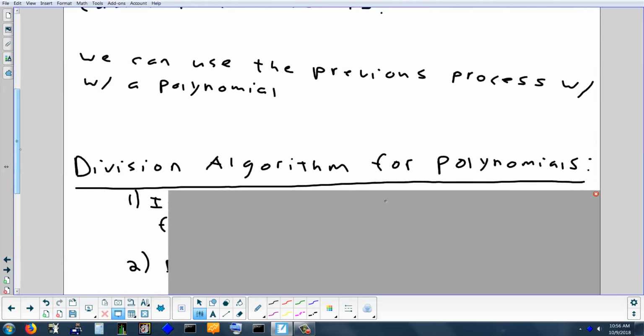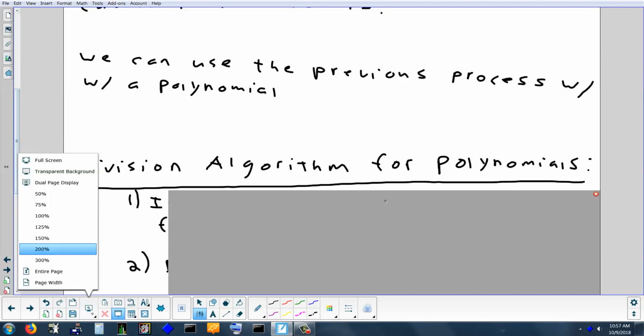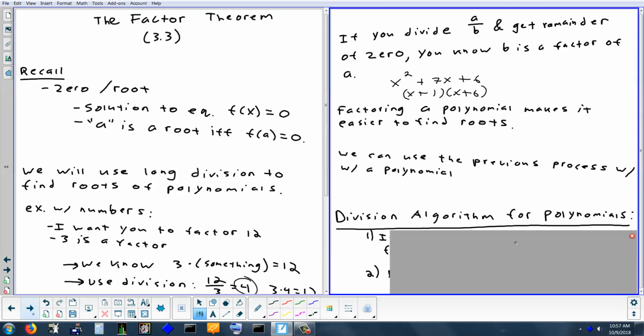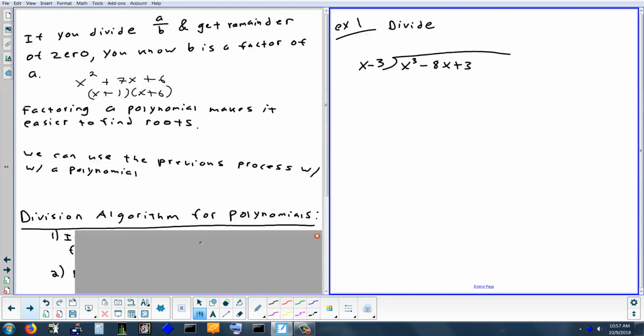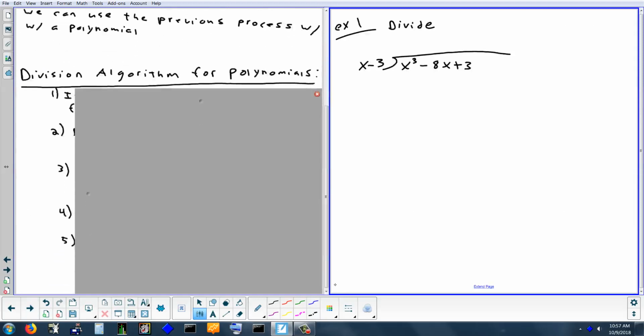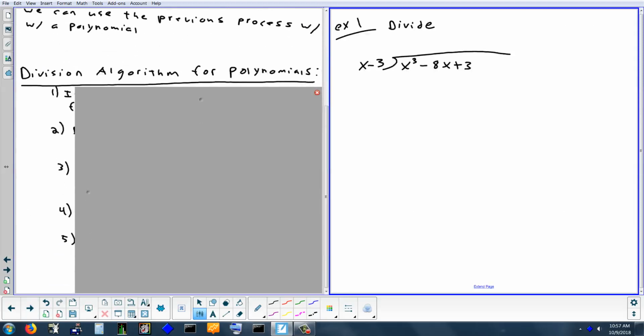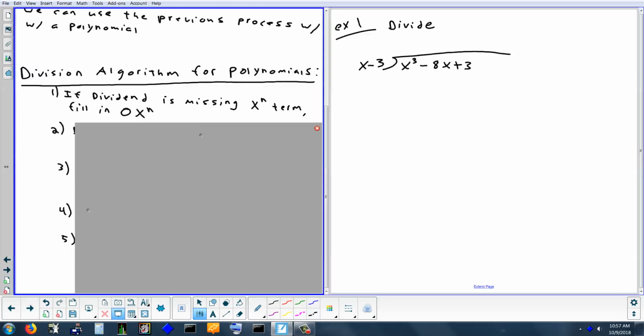And does everyone have what's above the division algorithm for polynomials? Anyone still copying what's up above? Okay, so I'm going to go like this. And as I show you the steps, I'll do the step in the problem next to it.